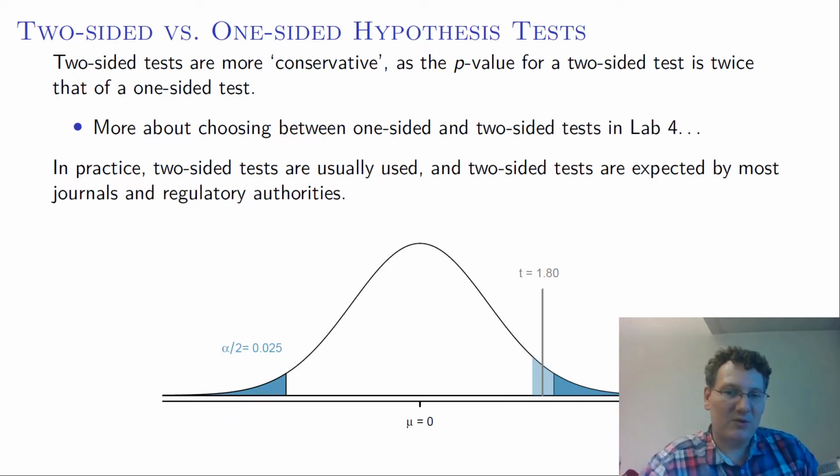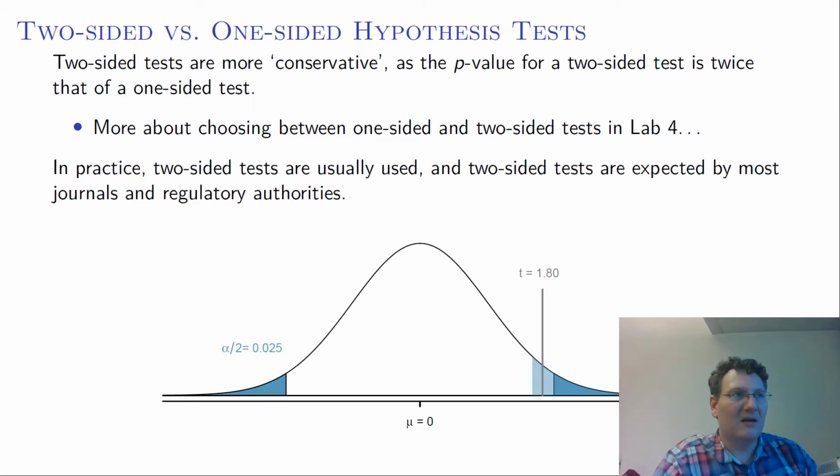If you ever do a two-sided test, they're a little bit more conservative, which is to say that the p-value would always be twice as much as the one-sided test, because you're basically doubling the p-value.